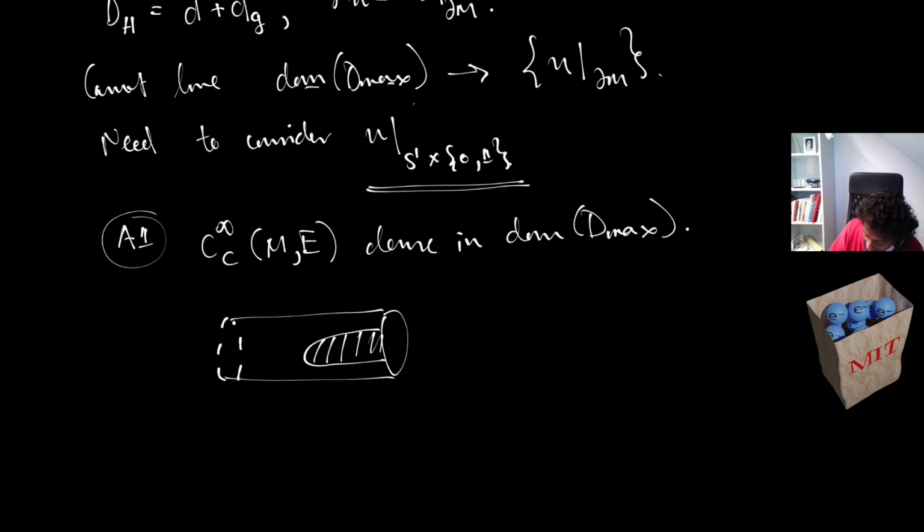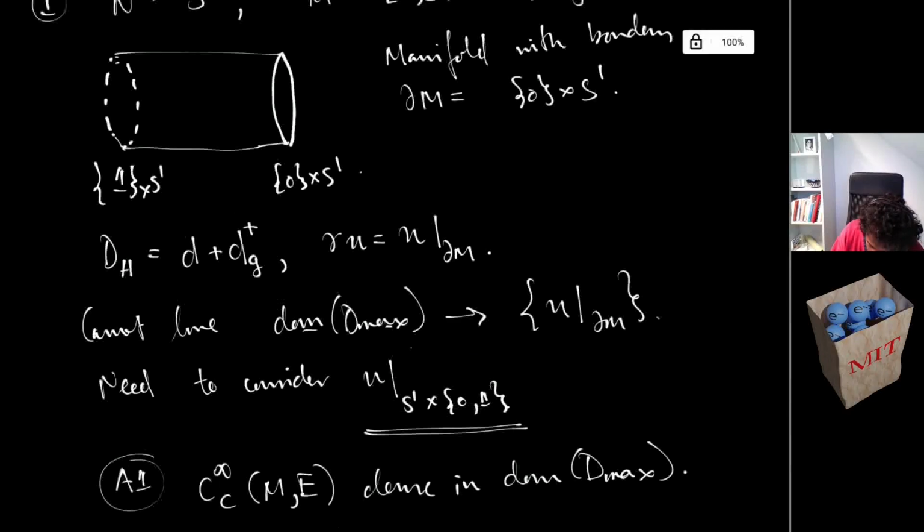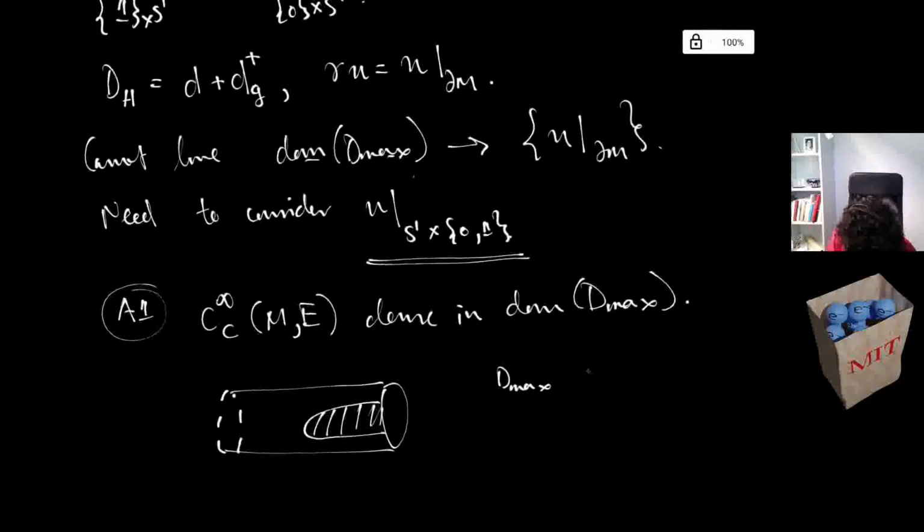When we formulate D max, remember, this operator is a formally self-adjoint operator. So D max is going to be just the Hodge operator restricted to, okay, I'll write C_c infinity adjoint, right?